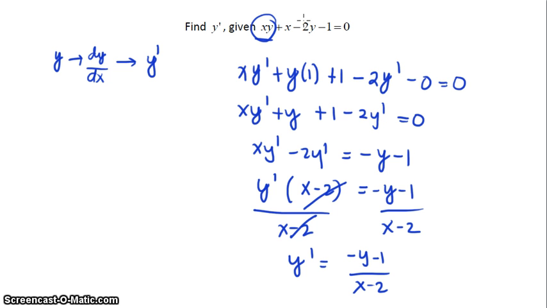I think you should review also how I got the 2y prime from 2y. This is not just 2 because y is not x. If this is 2x, then the derivative is just 2, but this is 2y. So the derivative of 2y is 2, but you still have to get the derivative of y. That's why you have to write y prime.